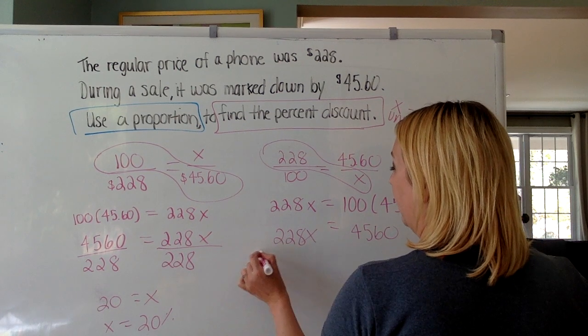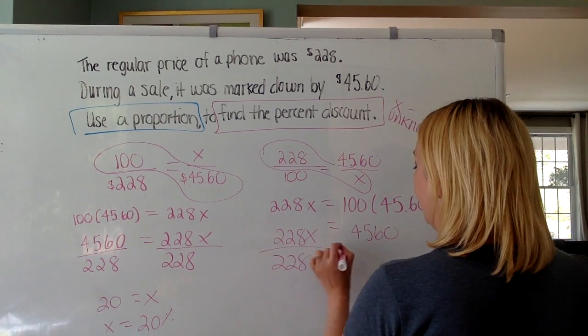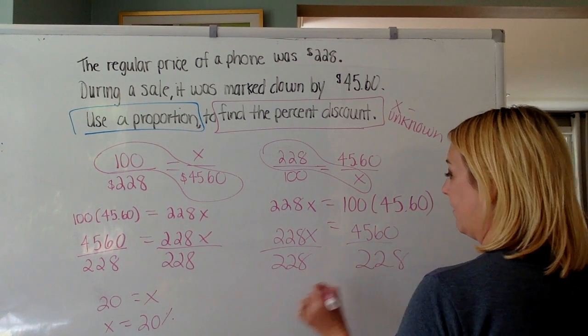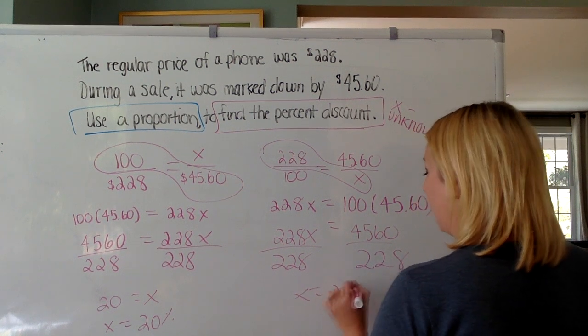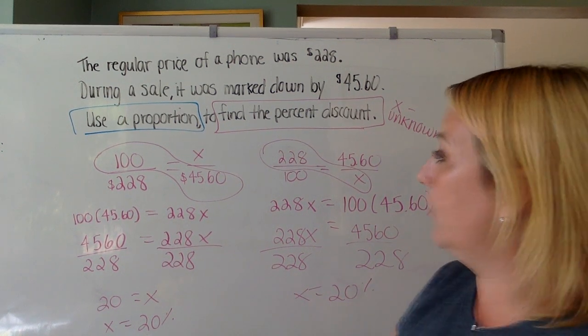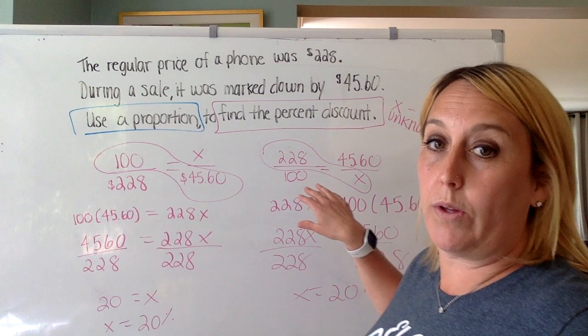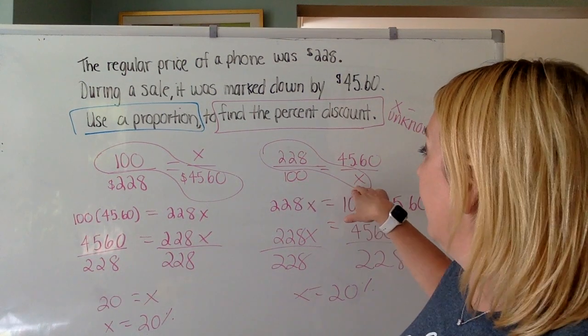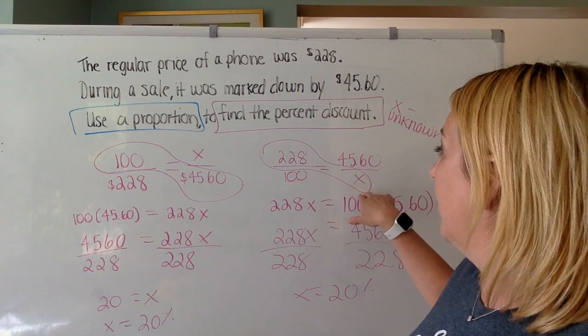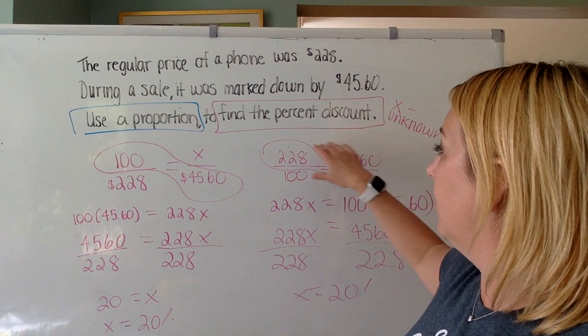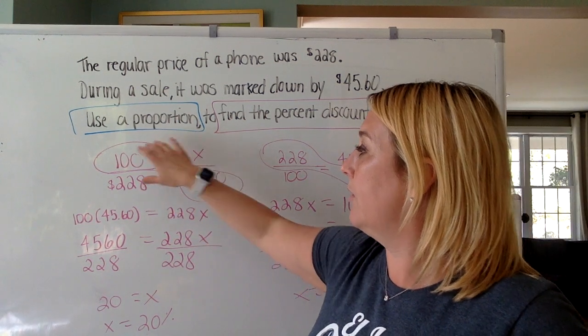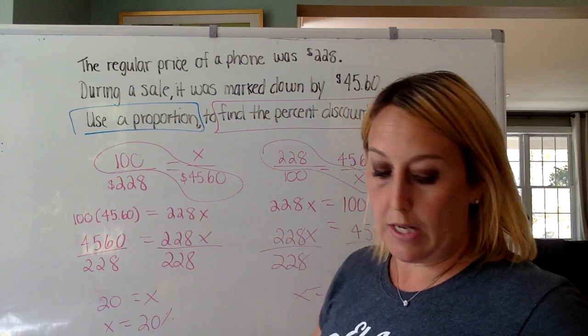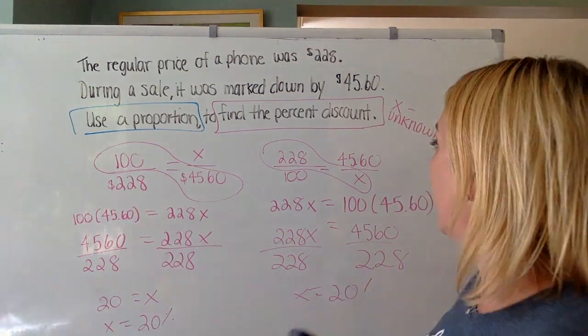What matters, though, is that you have to make sure you're consistent with either putting your percents in the denominator and your dollars in the numerator, or your percents in the numerator and your dollars in the denominator.